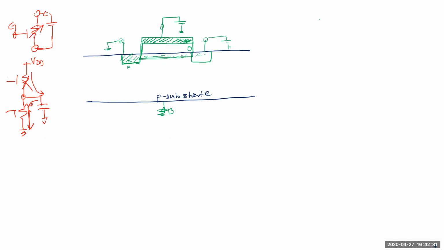No. See, I have a big electron channel here, right? I have created it magically. And I want to take a piece of metal here, and let me do this in a different color. I want to take a piece of metal here, right?